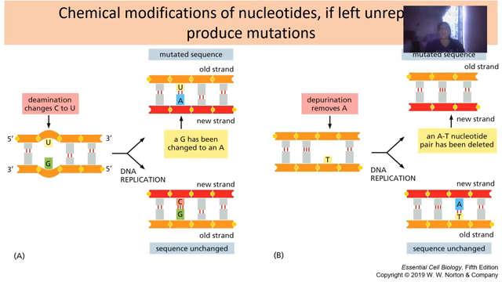So these chemical modifications of nucleotides, if obviously we leave them the way they are, will lead to mutations. And that's obvious just looking at it. But if you look at it a little bit more closely, in the case of deamination, if you are looking at a C to U conversion, a U or uracil is not going to be able to bind to a G the same way.